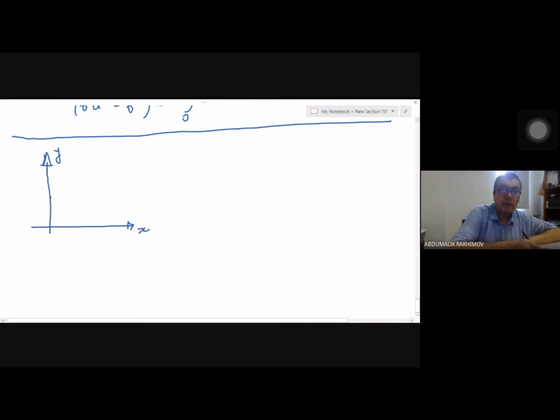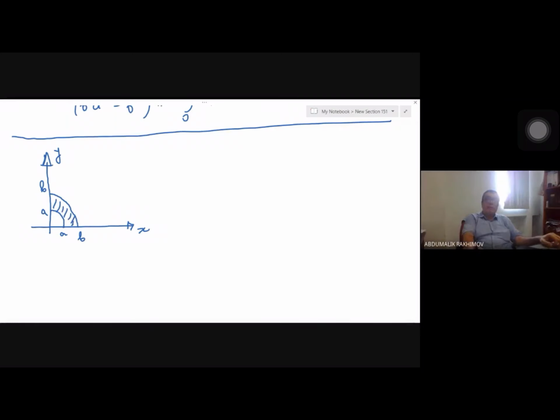This is a portion of a circle. Let's say it is like this, with radius B. So the plate is this one. Now this plate is a portion of the ring. It is not the whole ring, but a quarter of the ring, right?